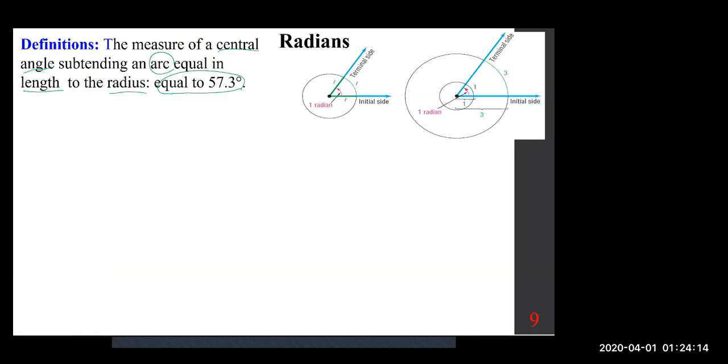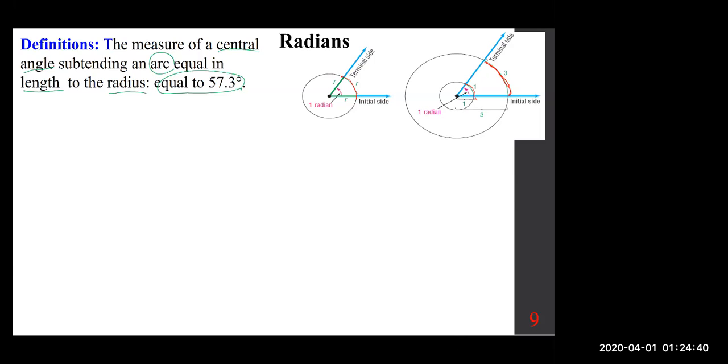This is the arc length. So the arc length here versus the arc length here. We are not saying the arc lengths are the same. They are not. Actually, the arc length depends on the length of the R. But what we are saying is that the measure of the angle, they're identical.